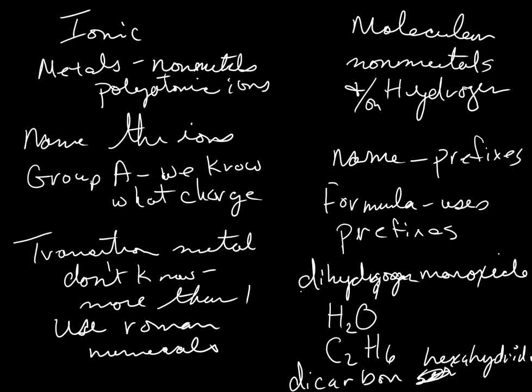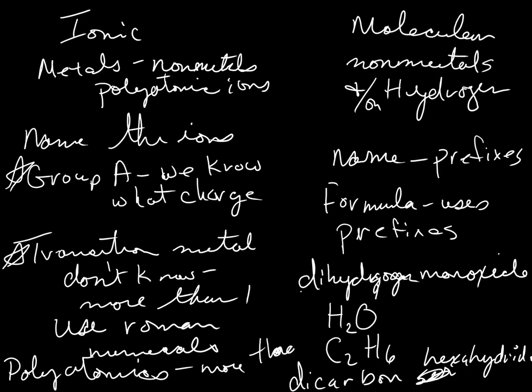So we got the group A's, we got the transitions, and we got polyatomics. And you'll know it's polyatomic when it has more than 2 types of atoms. If you got 3 types of atoms, the only way you know how to write the name is if it's got a group of atoms that stays together.